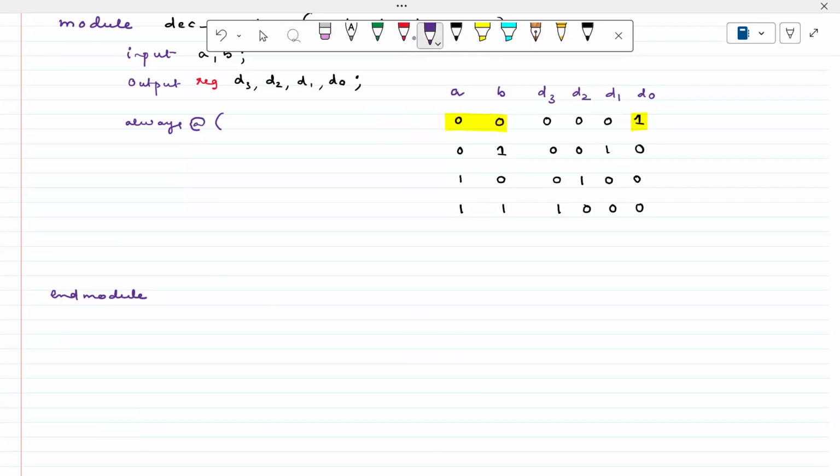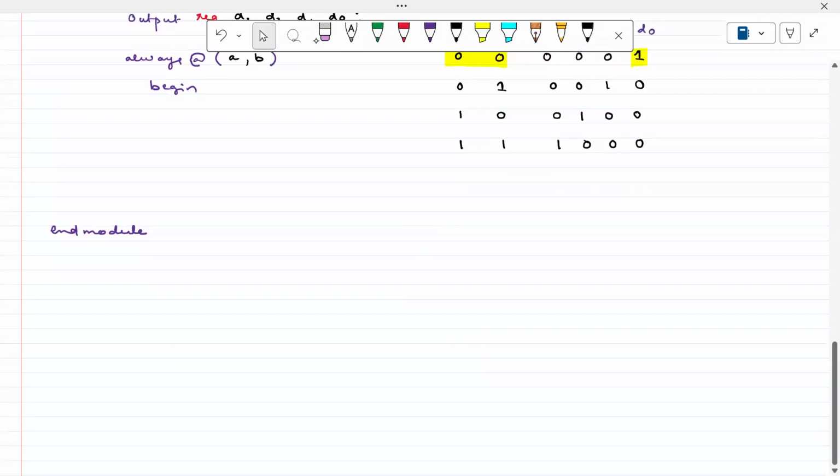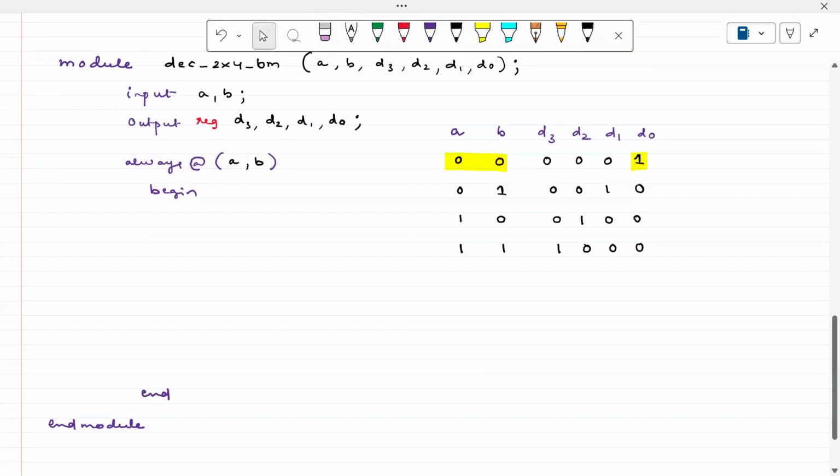Therefore the sensitivity should be input variations, A comma B. Let us start begin here, and then we need to write end at this place. Somewhere you can write the endmodule here. Sorry, begin and end.